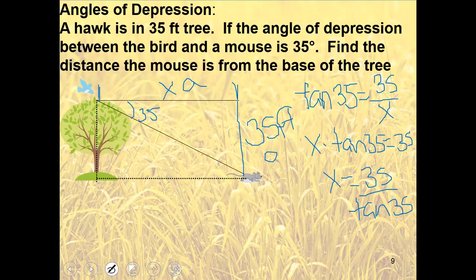So I have 35 divided by tangent of 35. And I get that that little mousie is right about 50 feet away from that hawk. A lot of times, scoping systems that people attach to guns or bows or whatever, they'll be based on these trigonometric functions.